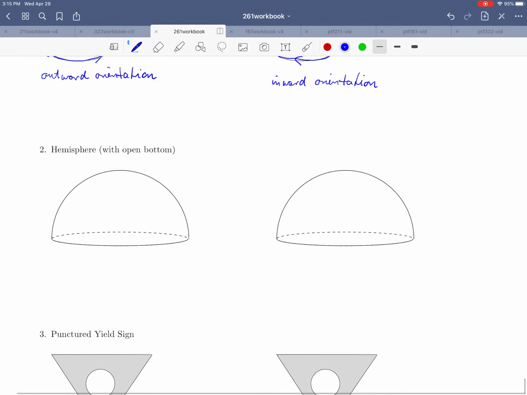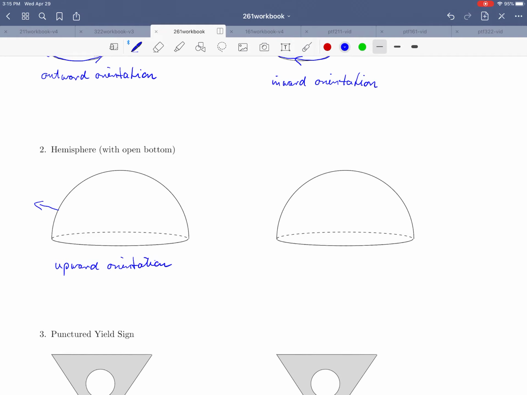Let's look at our hemisphere. That was a bowl, my metal bowl from the previous video. Again, I can have an outward or upward orientation. I'm going to draw that on the left. My upward orientation would be if my normal vector is pointing out or up from the bowl.